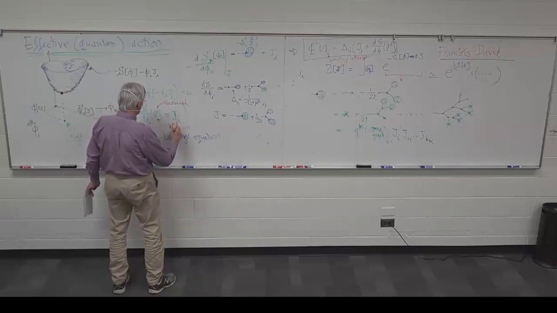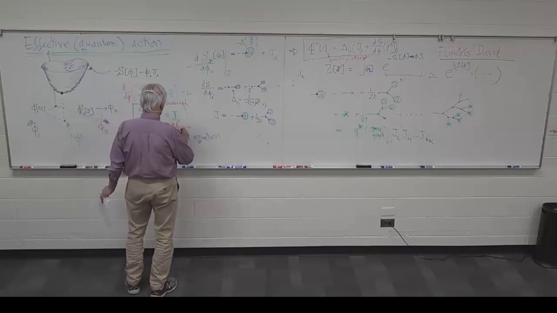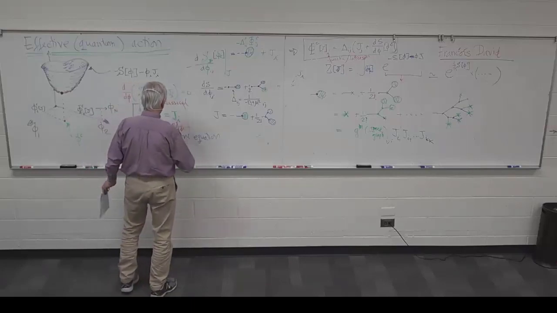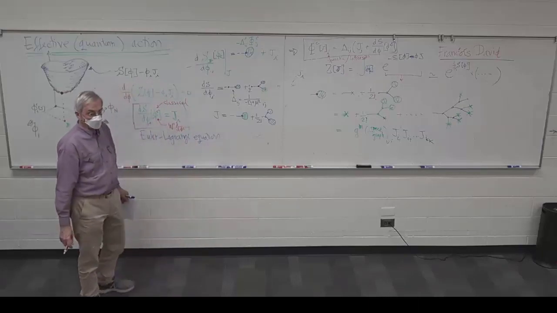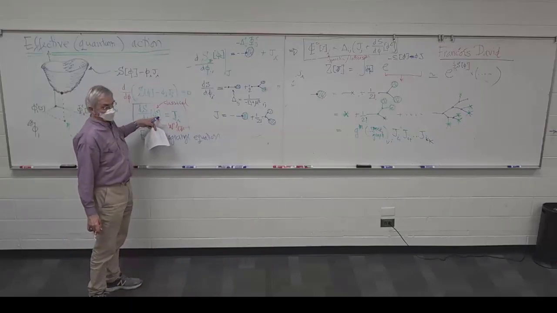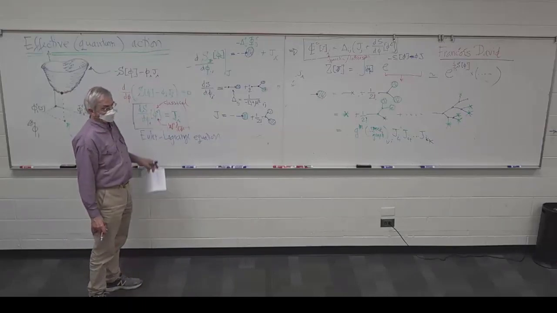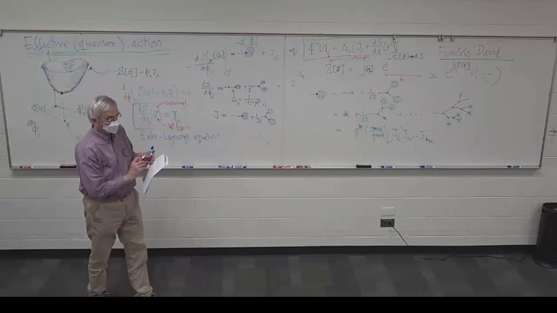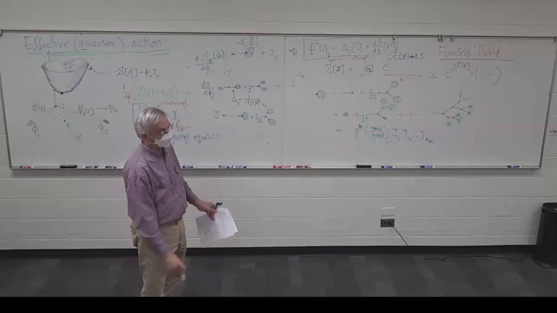W1 plus the derivative with respect to phi c. There'll be an operator in there. And the moment the operator shows up in this equation, I can start eating my own tail. I can start getting loops.